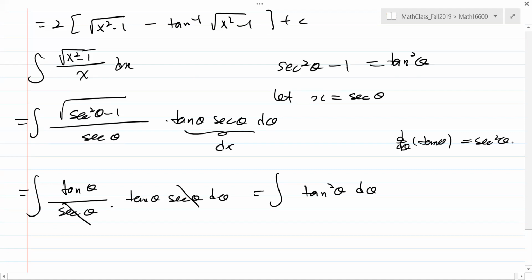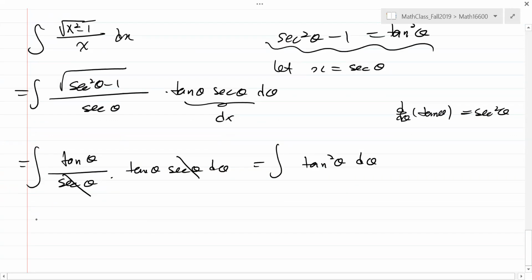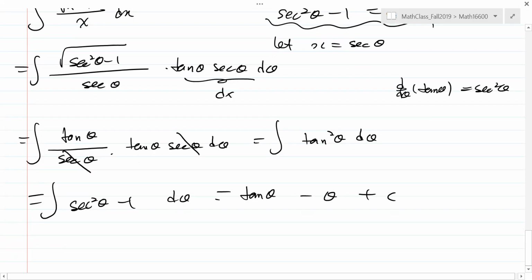There's no direct antiderivative of tangent squared theta. But the integral of secant squared theta, yes, it's going to be tangent theta. But to me, tangent squared and secant squared are almost the same, they're related, right? Just like sine and cosine. So you change it to secant squared theta minus 1. Then the antiderivative is going to be tangent theta minus theta plus c, because the second part is minus 1. So that is the antiderivative of the function.